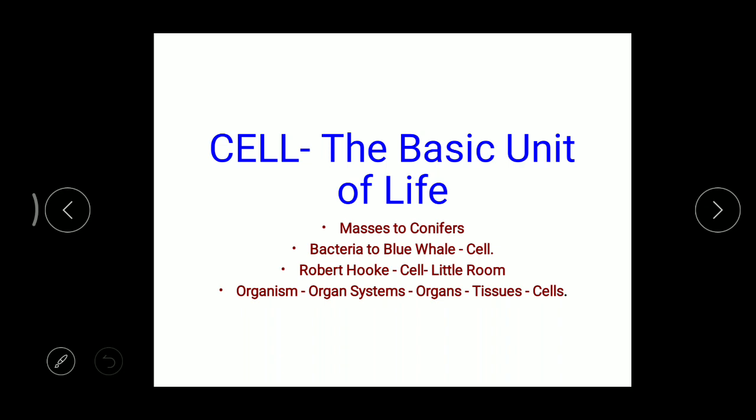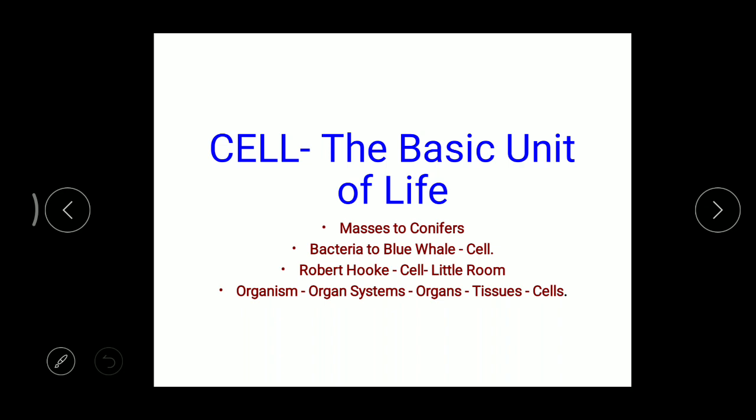We learned that from small mosses to large conifers, and from small bacteria to the large blue whale, all the living organisms, whether plant or animal, are made up of cells, and so we consider the cell as the basic living organism. For the first time, a scientist by name Robert Hooke observed the cell. He used the word cell, which means a living room.